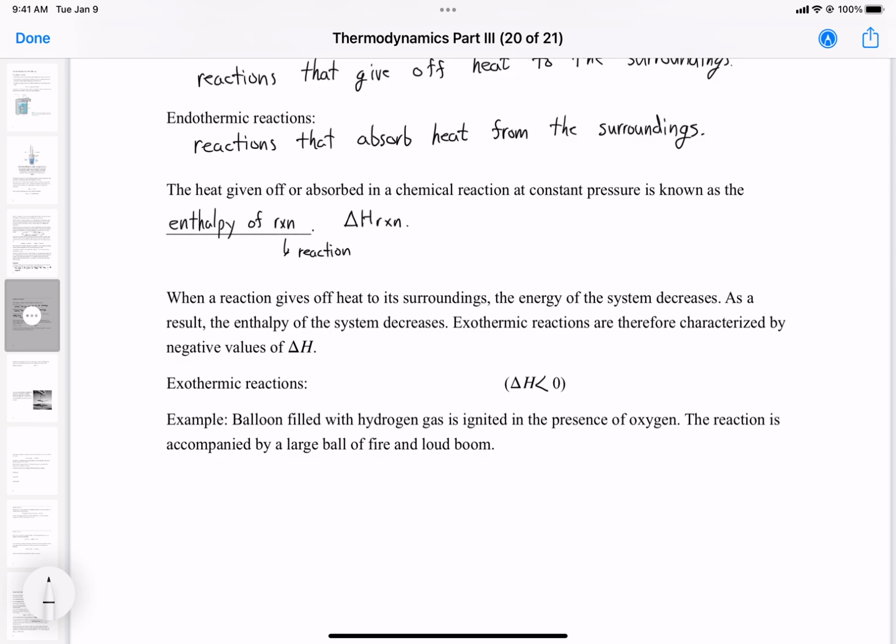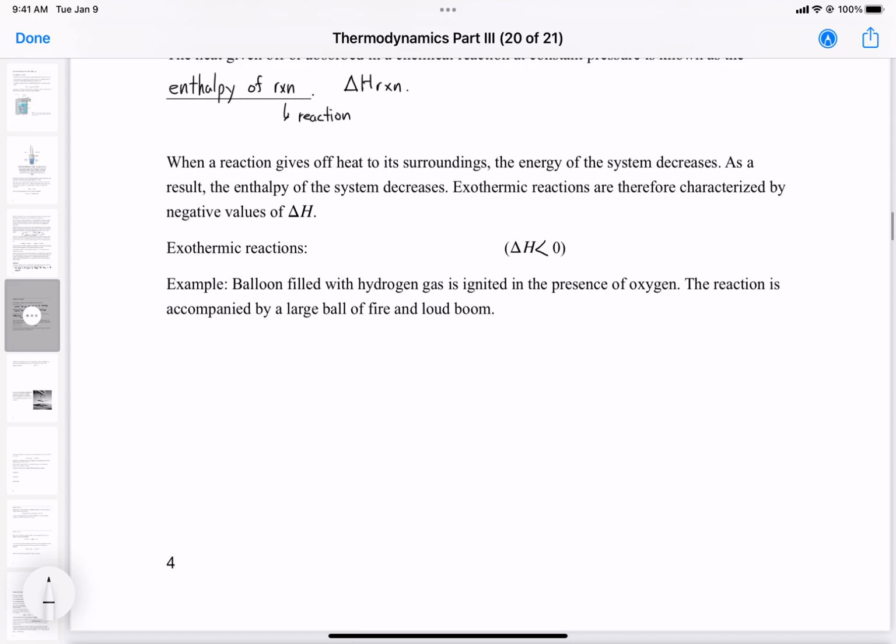For example, let's say we have a balloon filled with hydrogen gas that is ignited in the presence of oxygen. The reaction is accompanied by a large ball of fire and a loud boom. So you're going to generate a lot of heat, and a lot of energy is going to be expelled to the environment or to the surroundings. So what we can say is that first we have two reactants that are not very reactive right now.